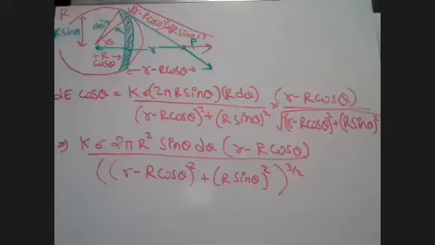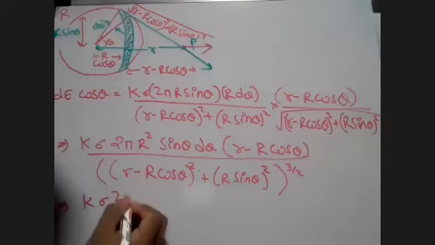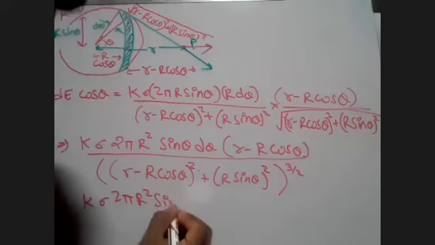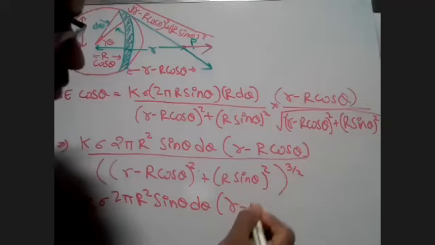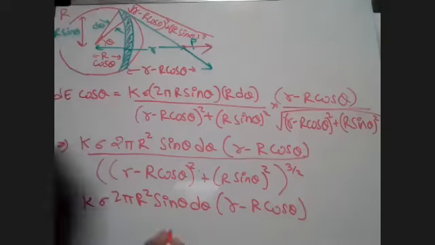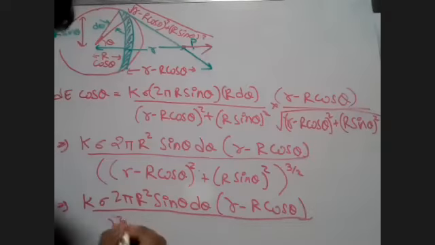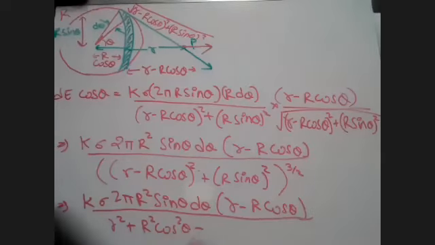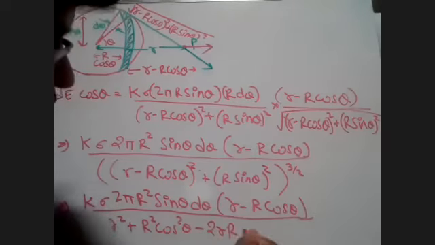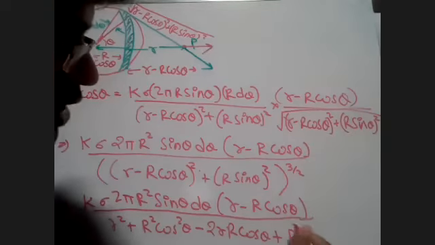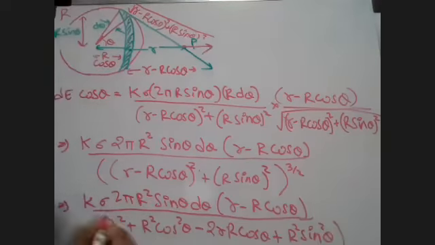What you'll get is k sigma 2 pi R square sin theta d theta (r minus R cos theta) upon, now let's simplify: r square plus R square cos square theta minus 2 r R cos theta plus R square sin square theta, whole raised to 3 by 2.